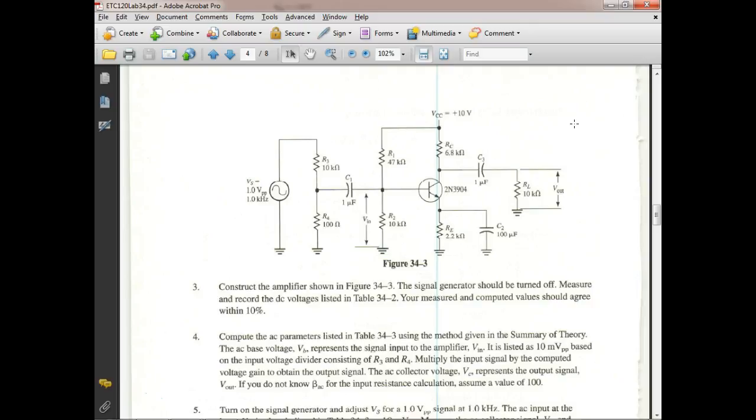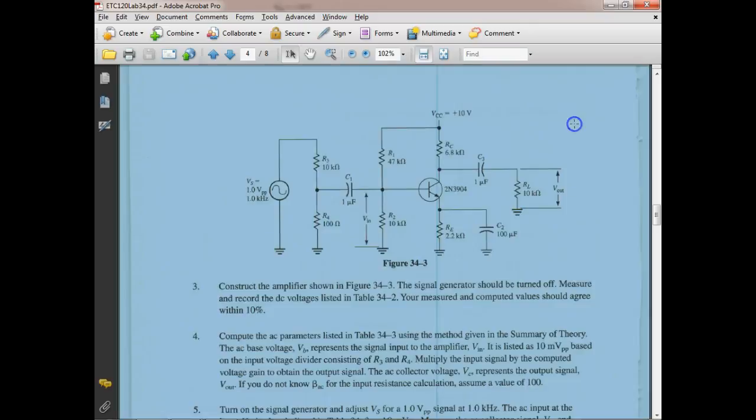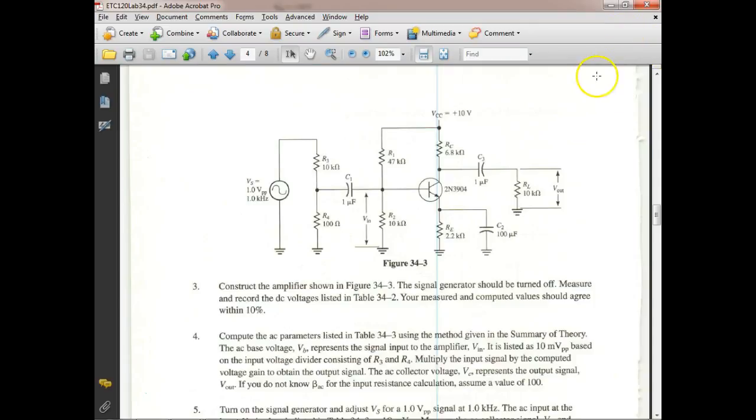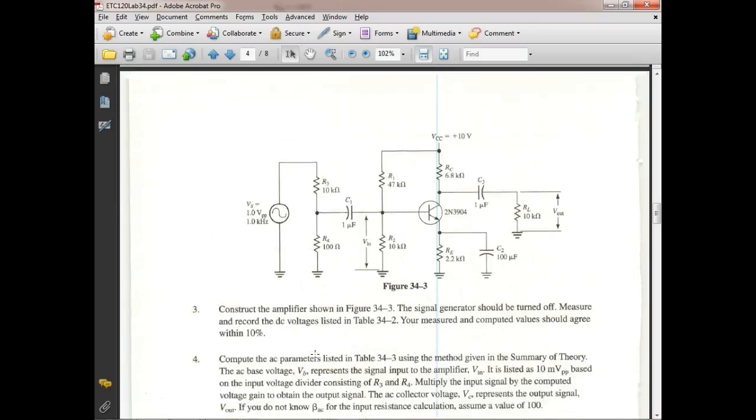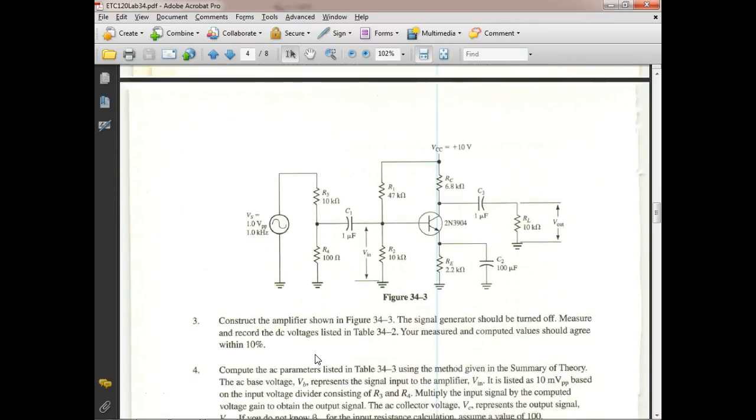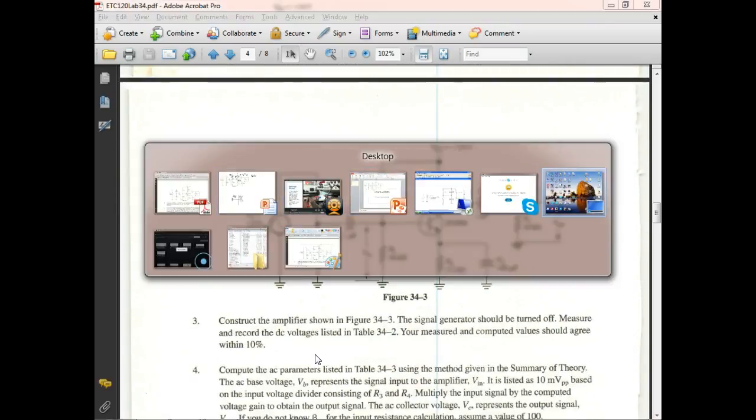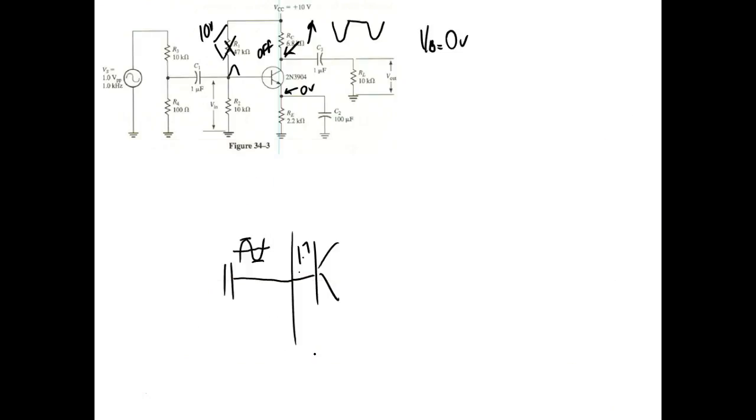R the load. So what's going to happen when we move R the load? Alpha's definitely going to change, but is it going to go up or go down? Are we going to get more gain or less gain?